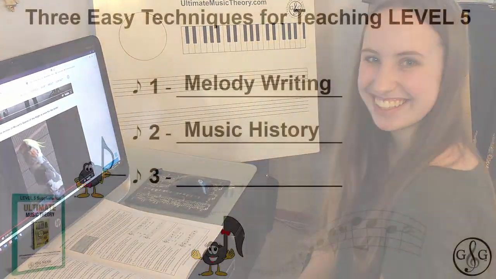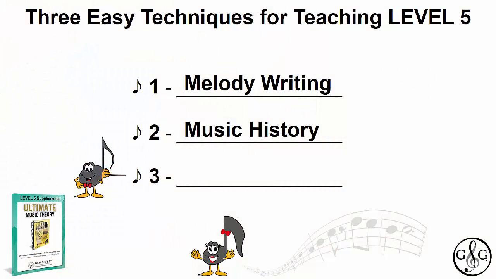Thanks, Cassidy. And finally, the third technique for teaching level 5 is musicianship. You first. Musicianship is having knowledge, skill, and artistic sensitivity in performing music.